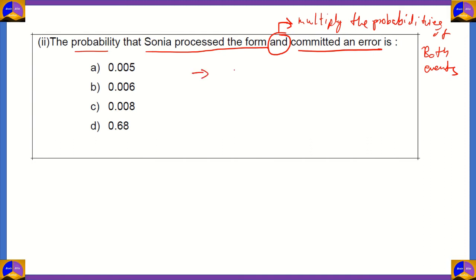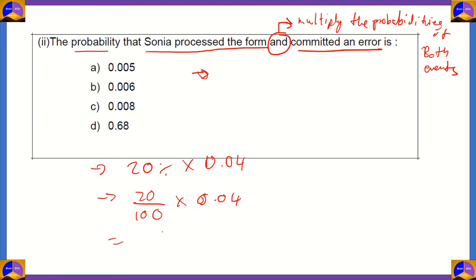So now this effectively becomes 20% times 0.04, which is 20 divided by 100 times 0.04. 20 times 0.04 is equal to 0.8.